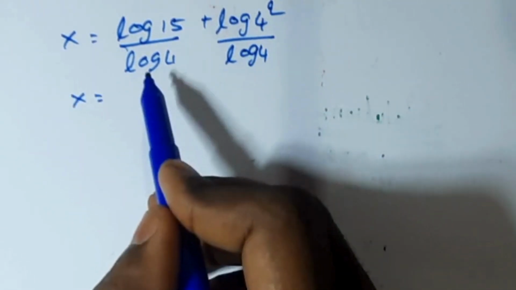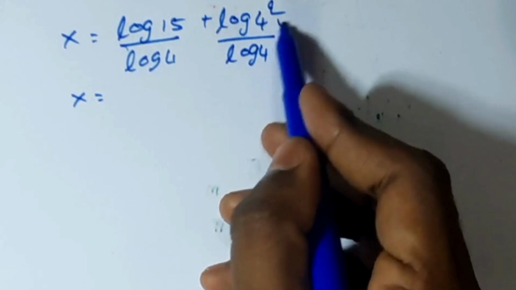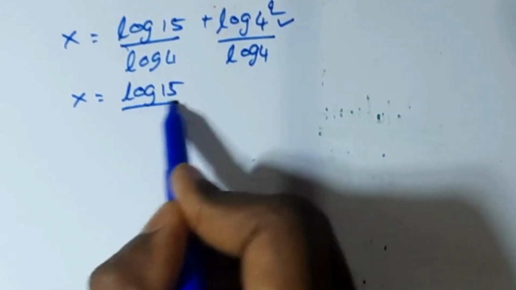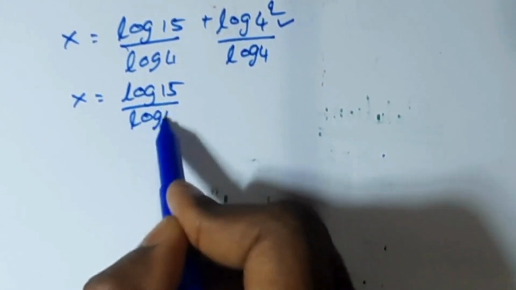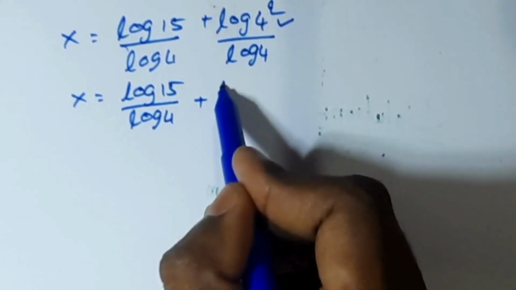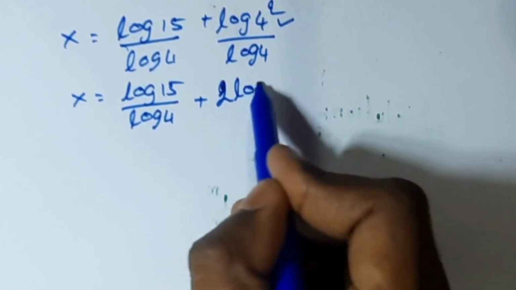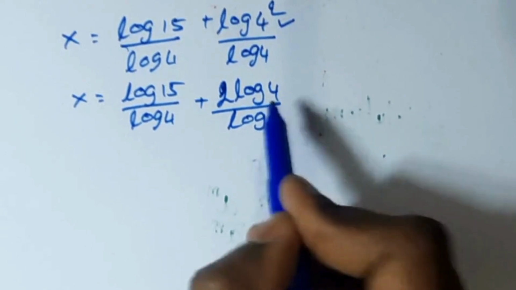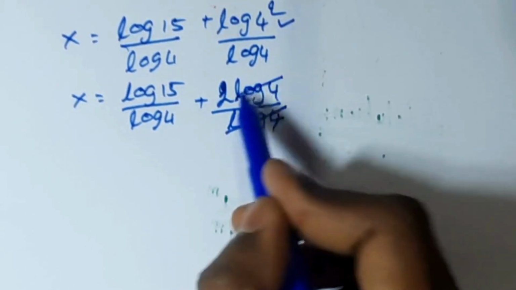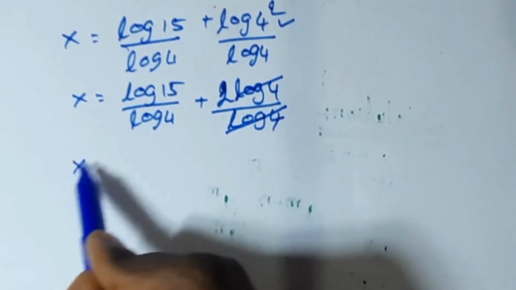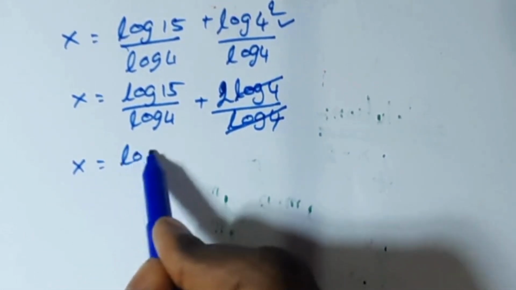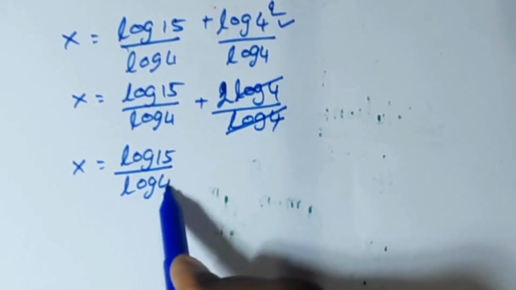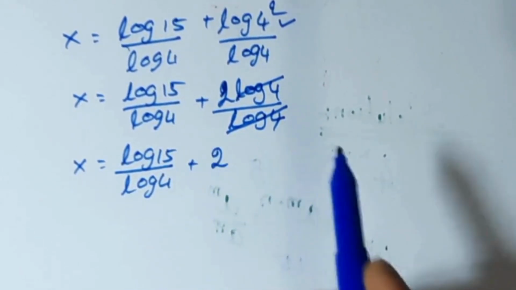Again we are going to apply the log power formula here. Log 15 by log 4 plus 2 log 4 by log 4. This log 4 cancels this. So we have x equal to log 15 by log 4 plus 2.